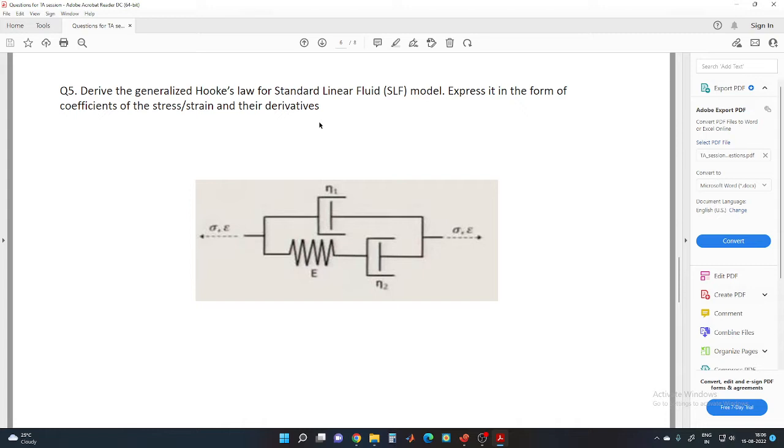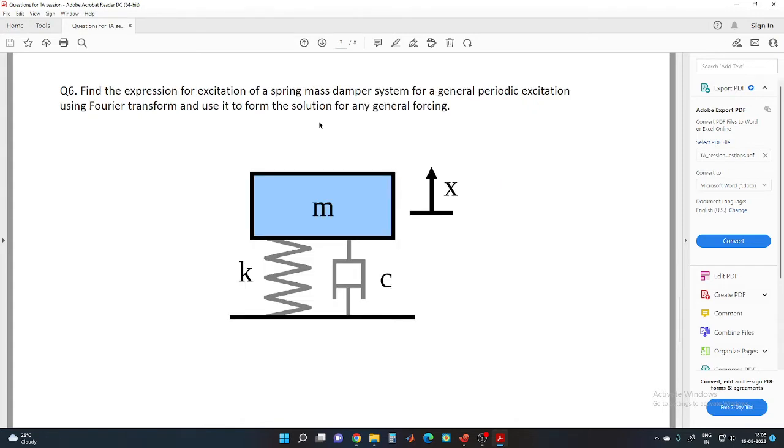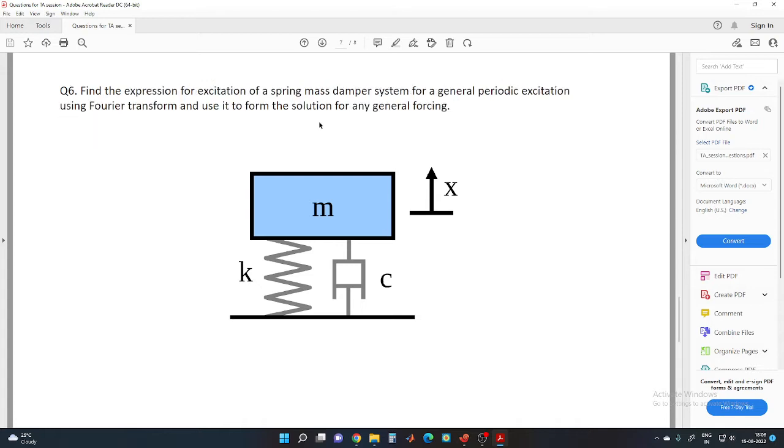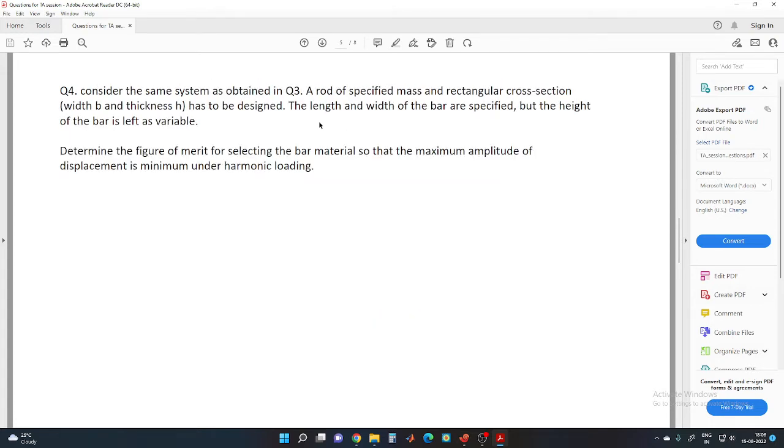So in the tutorial session, we did the standard linear fluid model derivation just so that the methodology is more clarified to you. And now there are two more questions added for this week. So you can pause the video and see if you can do them.